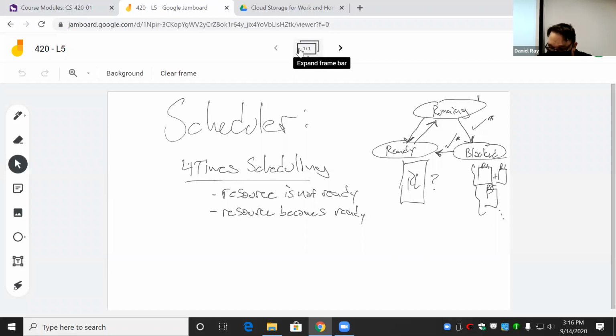Was that, say, more important than the thing that's currently running? And if it is, then we'll do this swap right here where we take the running thing and move it to ready, and we move something from the ready list onto running. Okay? Does that make sense? So that's 1 and 2.